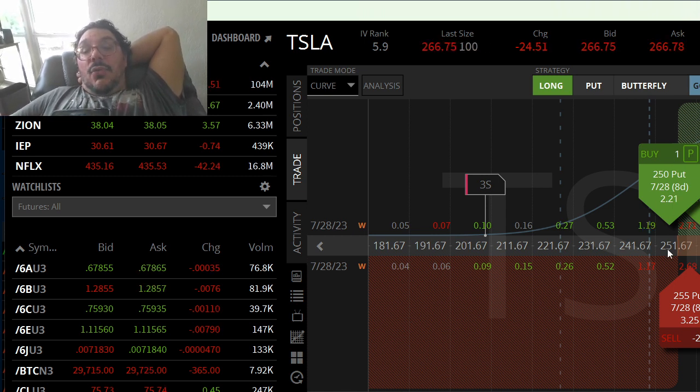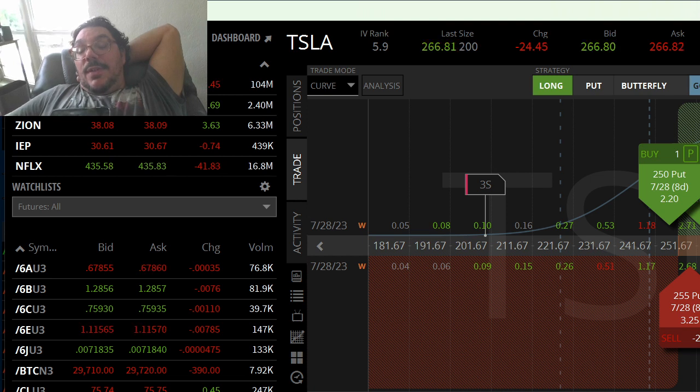So at 255, only $10 away, you have $40, and you've got a probability of 75. Max profit is 285 if you pin it at 255, and max loss is 209.